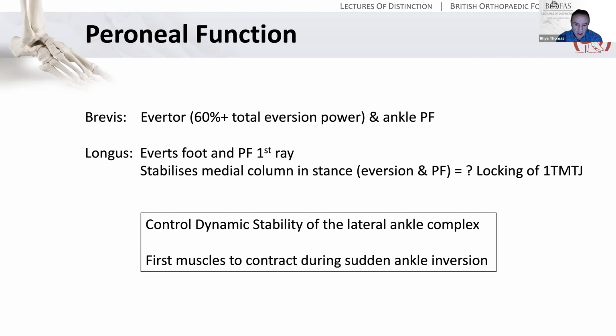Because if you think of the course of the muscle and the fact that it tends to take a couple of 90-degree turns and inserts on the proximal aspect of the first metatarsal, it's unlikely to have a significant plantar flexing action unless this occurs dynamically.